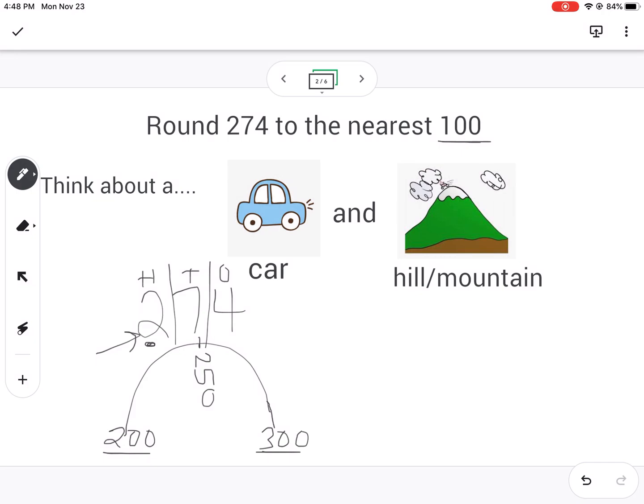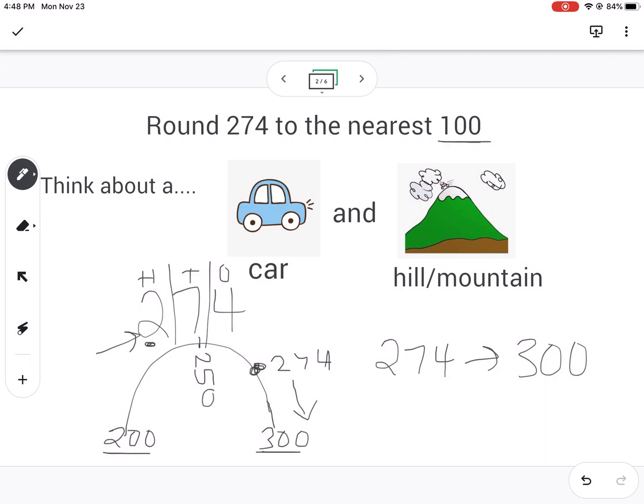And 274, that's more than 250, so the car is about here. And so if you let that brake go, the car is just going to bloop, fall down to 300. It's not going to magically go back up the hill and down to the other side. So 274 rounds to 300.